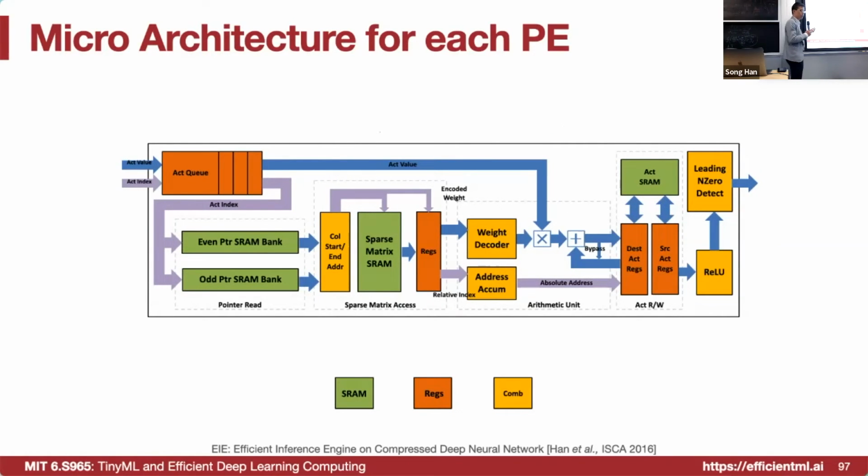So in order to support that data flow, this is the microarchitecture for each processing element to accelerate such a sparse and pruned model. We have the activation queue. Different PEs may have different numbers of non-zeros, so we want to make sure they are balanced and add some buffer.